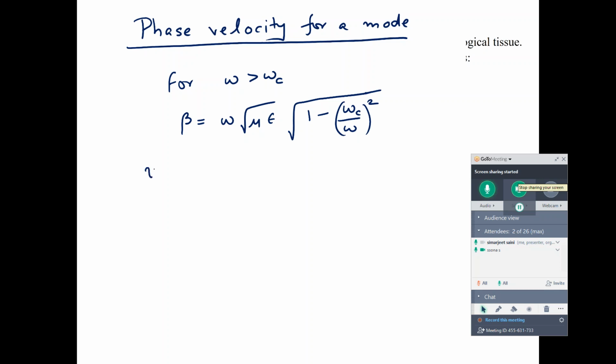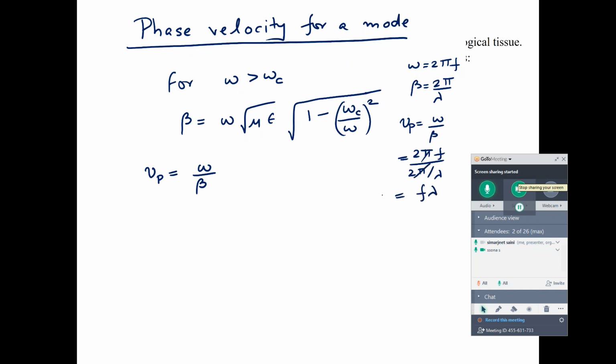You know that phase velocity Vp is given by omega by beta, and you can convince yourselves omega is 2 pi f, beta is 2 pi by lambda. So phase velocity is omega by beta, which is 2 pi f by 2 pi by lambda, your famous function f lambda.